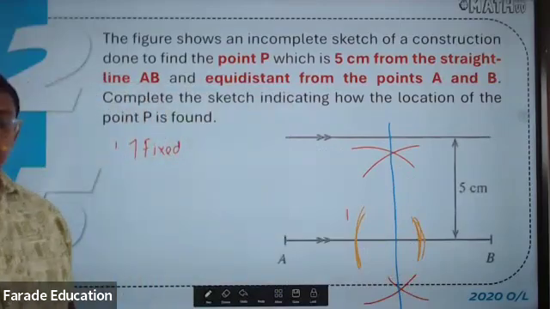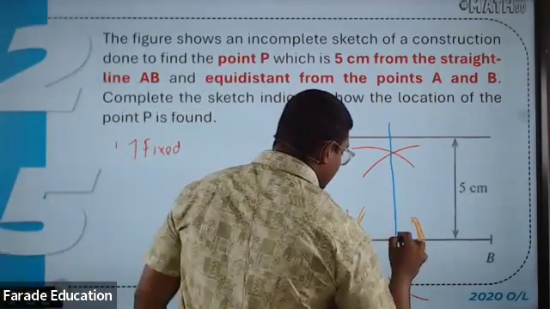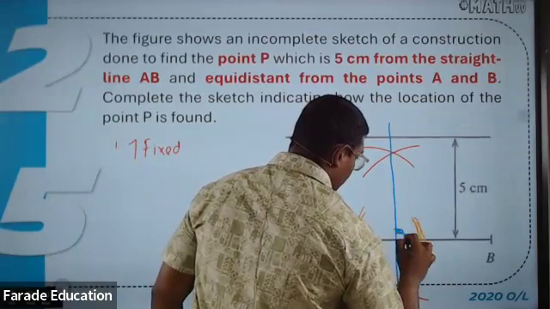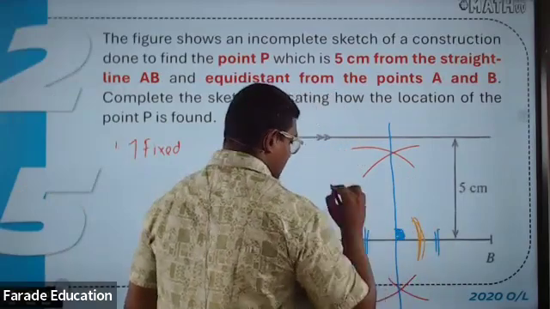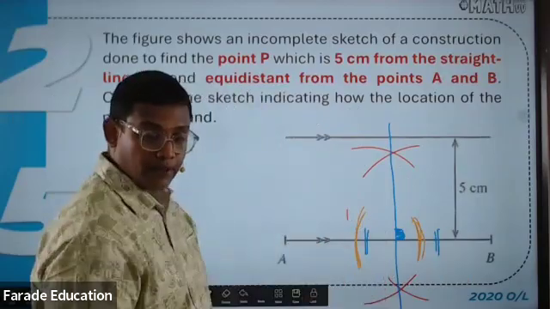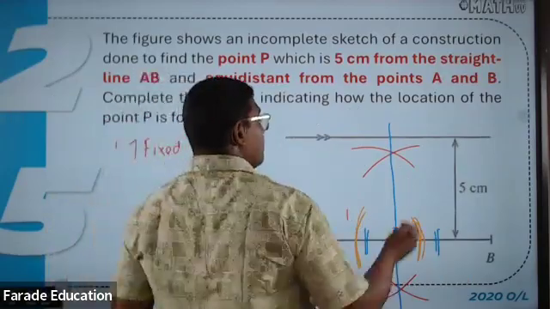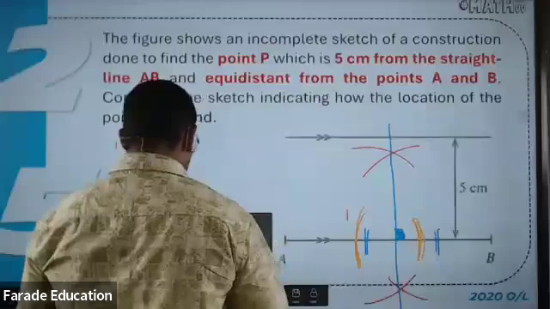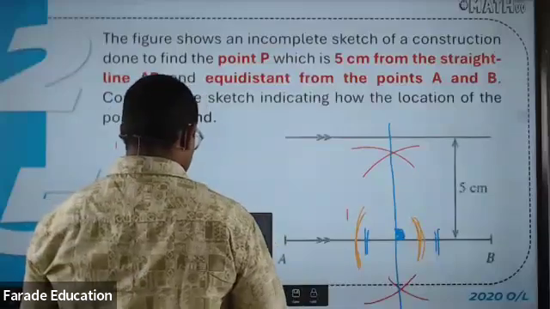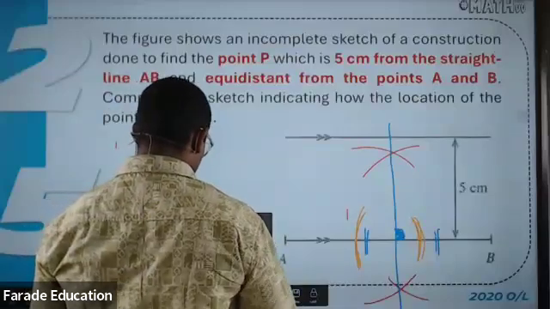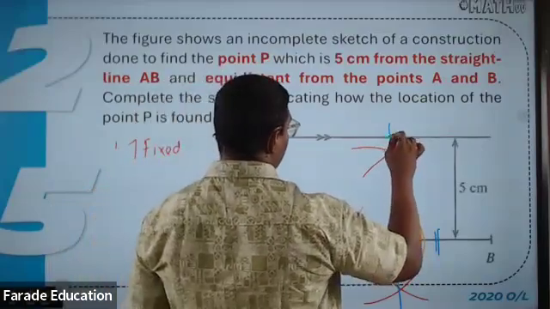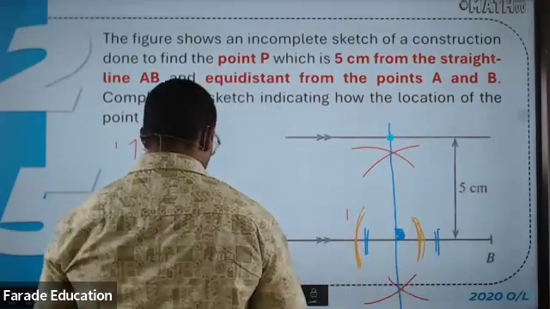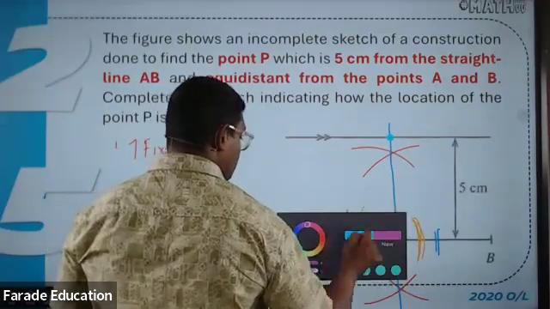When you connect, this line will be perpendicular to AB and it bisects the line properly. This is the midpoint. And where it touches the line which is at the top, this is what? The point P.